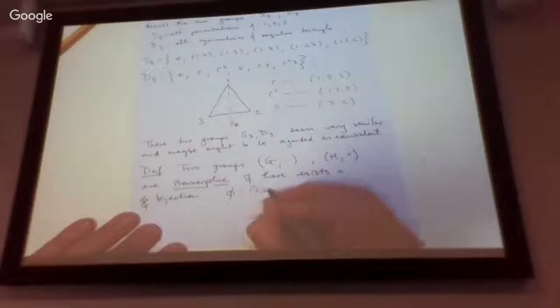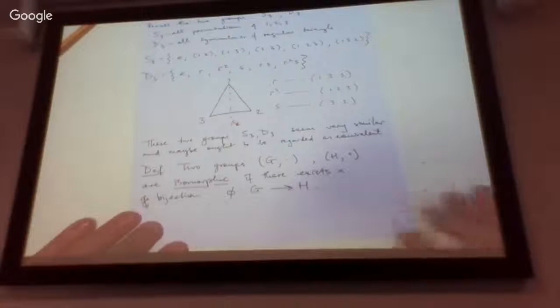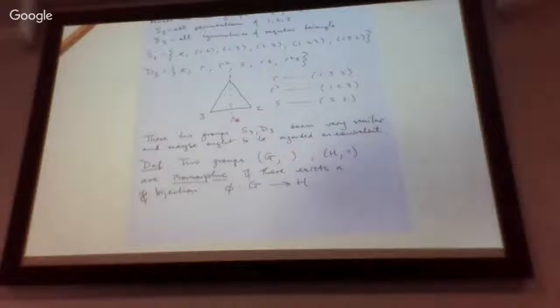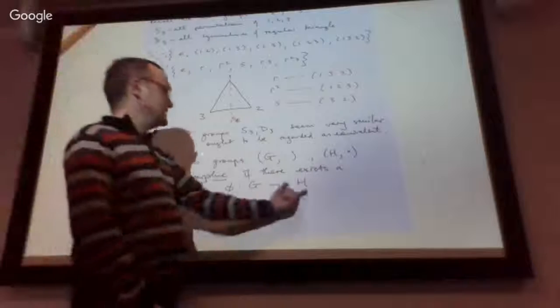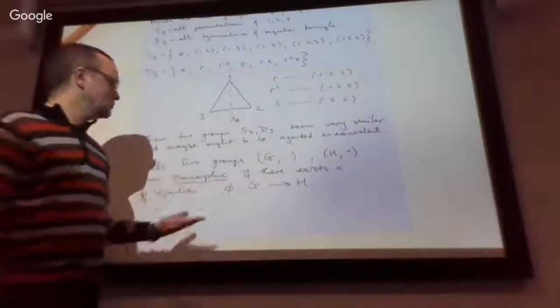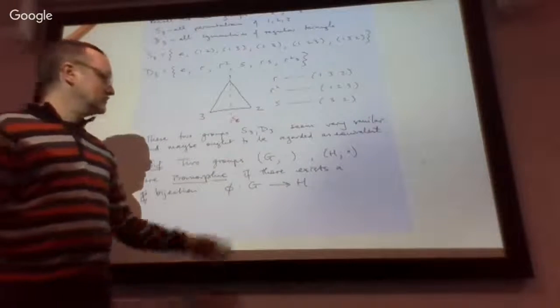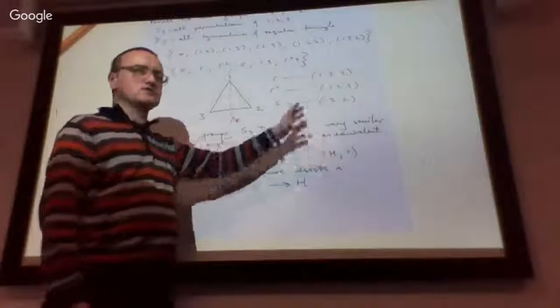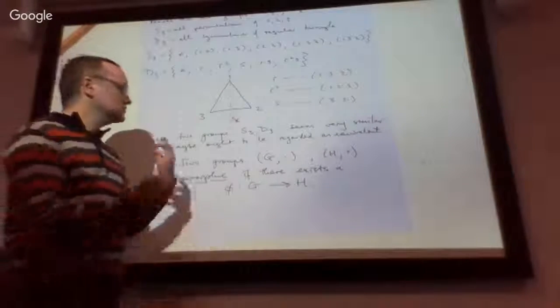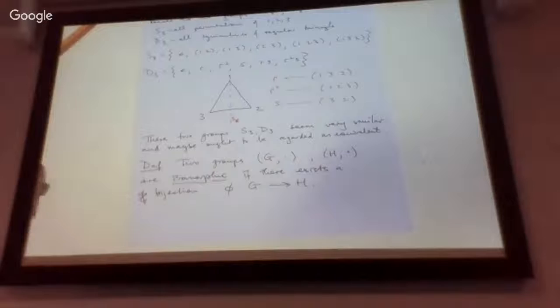We'll say that phi is going from G to H, but this definition is a symmetric definition. We'll see very clearly: if G is isomorphic to H, then it's also true that H is isomorphic to G. It's really an equivalence between the two groups.